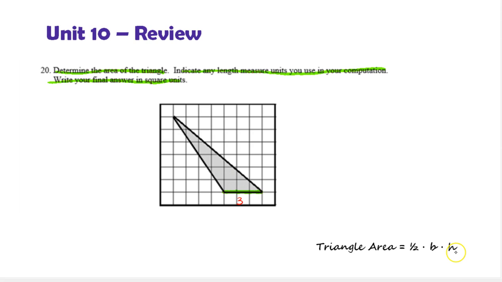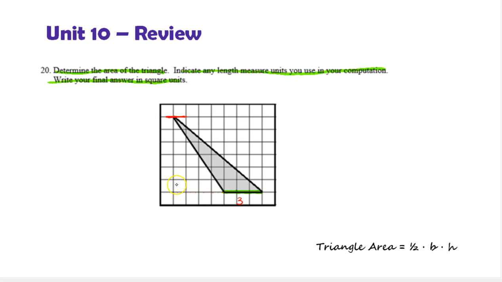And now we need to find the height. Just like with the parallelogram, the height is the distance to the opposite vertex. If we went straight up, we want this same height. It may be tempting to say it's 2 here, but we need to find the highest part of the triangle compared to here.